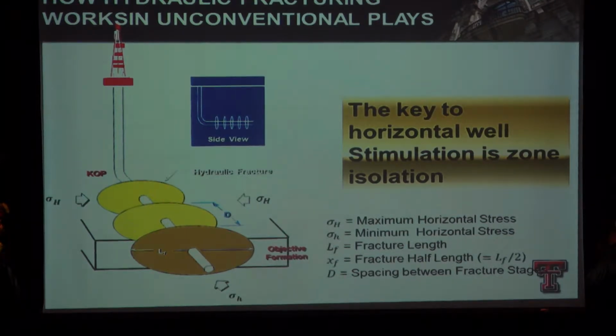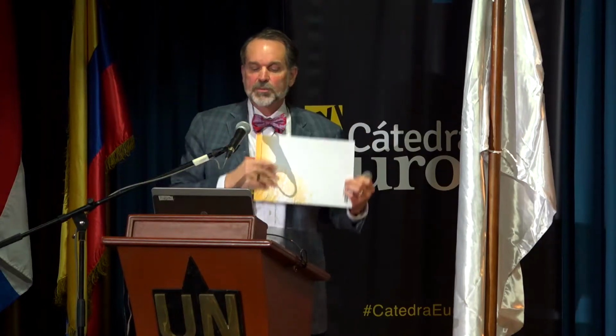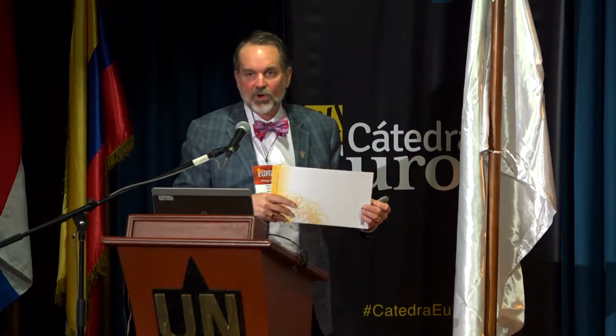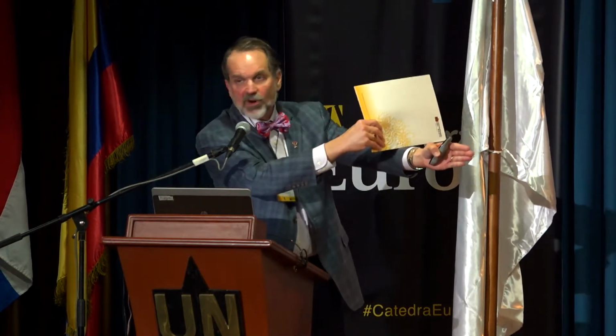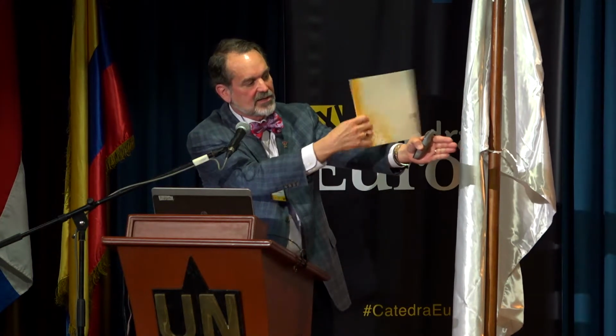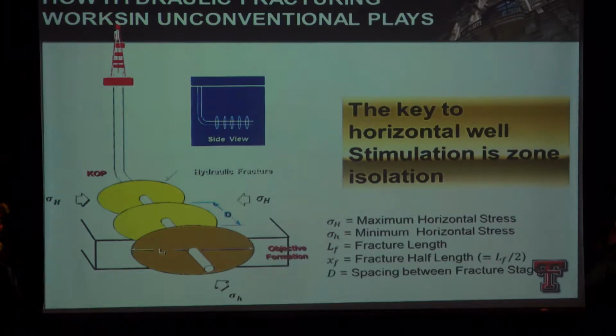We like to drill a well with the horizontal portion so that when we do the hydraulic fracture treatments, the fracture plane is perpendicular to our horizontal well. So if I'm drilling my horizontal well this way, we like the fracture planes to look like this, not like this. That is part of the technology we've researched at Texas Tech. Which way should you drill the horizontal well?